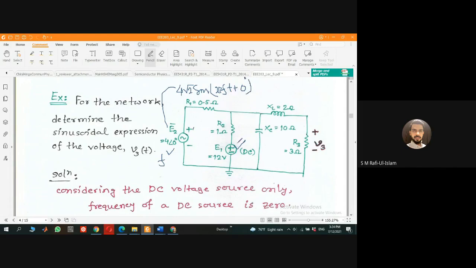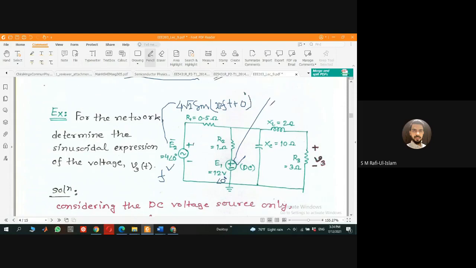But how about DC? If I write down, let's say, this is the phasor 12 at 0 degree, what would be the sinusoidal response of DC? Will there be any sinusoidal response? Because DC means there is no frequency. So if I put in the frequency, it's nothing but the 12, right?